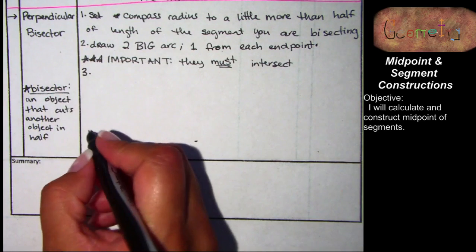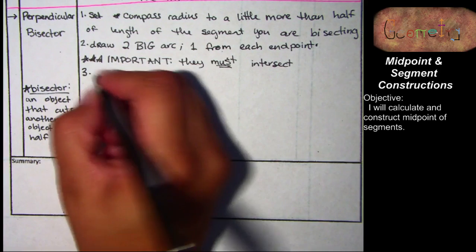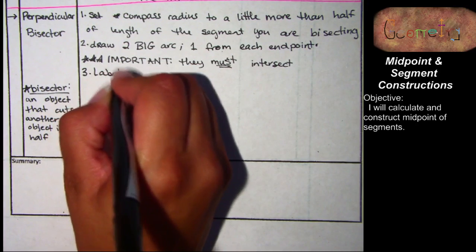Once you've drawn these big arcs and you've found your intersections, you need to label those intersections.